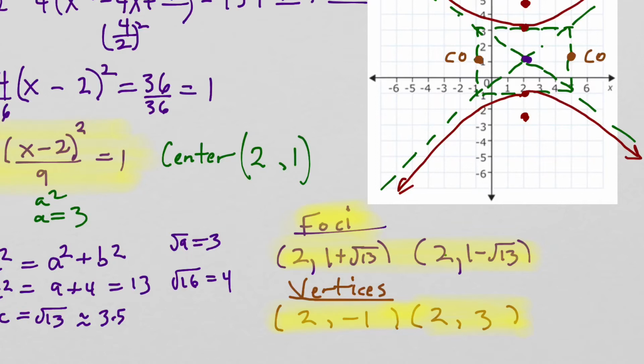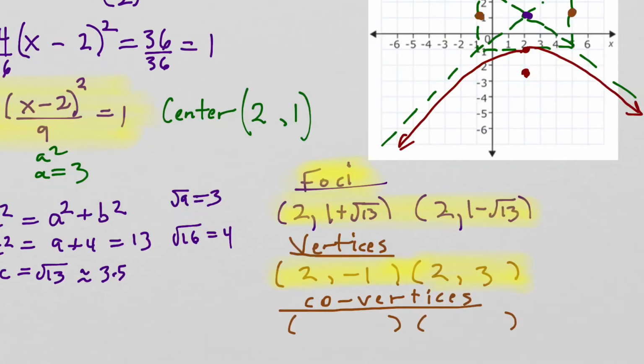And the ones that are actually on the graph itself, the red graph, are called the vertices. So let's look at the coordinates here. So this one is at 5, 1. So 1 is the same y-coordinate as the center. And this one here is at negative 1, 1.